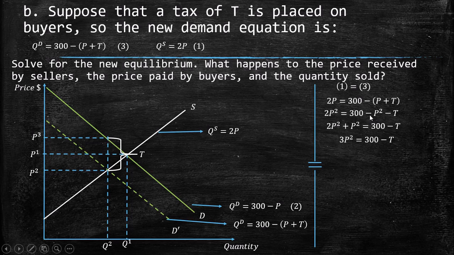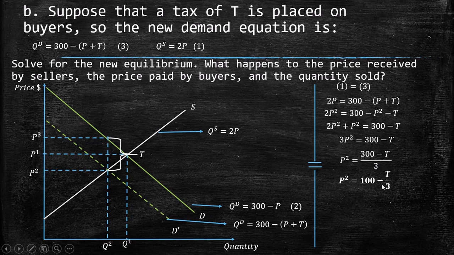So here this minus I just add to the other side, and at the end we have this one. So this is P2. I can split 300, take care, because this is subtracting, so I have to divide by 3 in both.